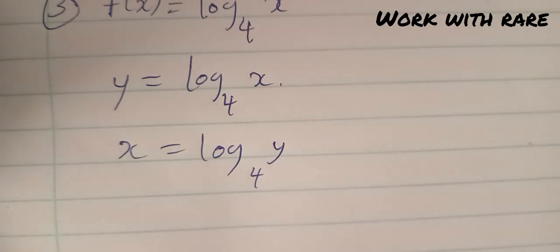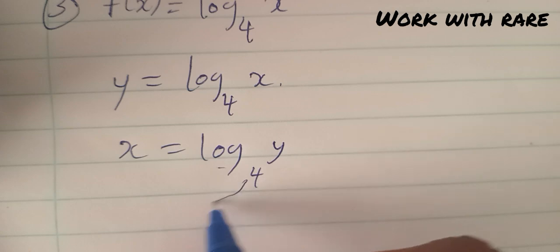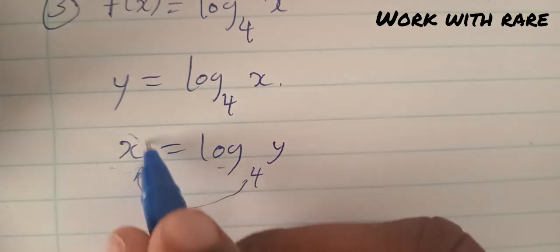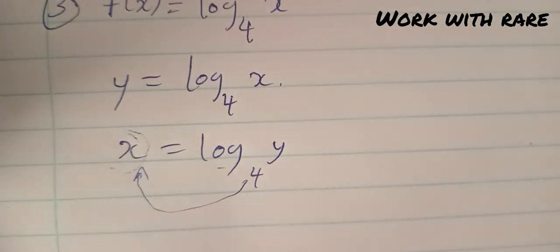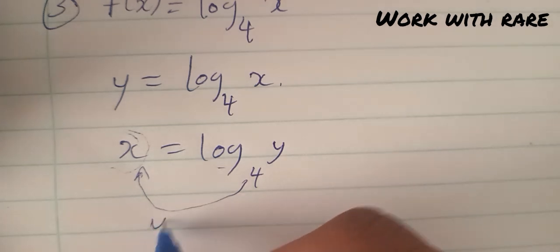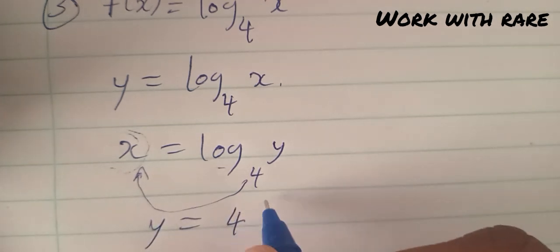I don't know your upcoming exam, but for sure, if log is there, you'll have to change it into exponential form, depending on what the question wants. Since I swapped them, the next step is to take this base to the opposite side, and this will become an exponent, which means I will remain with 4 to the exponent x.